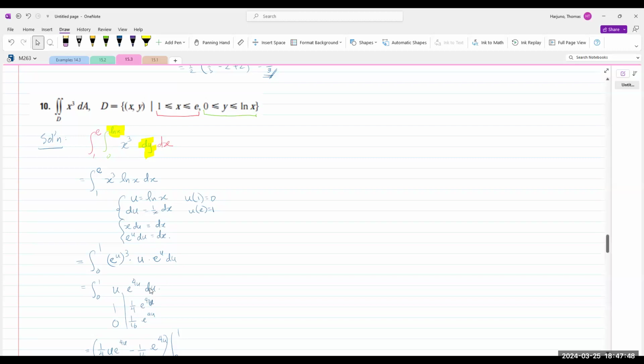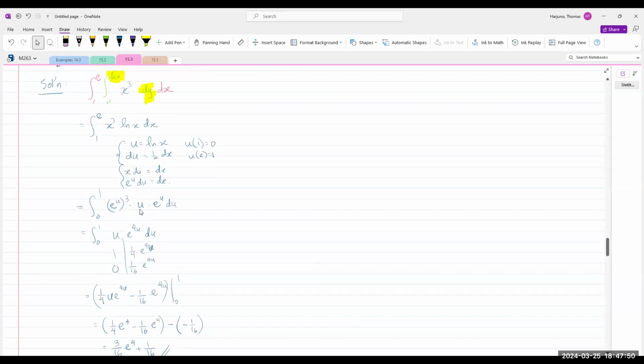Now, integration by parts by the tabular method, I assume you can find out yourself. Otherwise, just use the regular way. I know I cannot integrate natural log of x, so I use that as a differential instead. Actually, we can do integration by parts here right away, though. This is the integral from 1 to e of ln x and then x cubed dx.